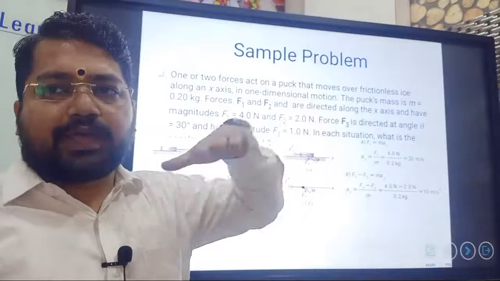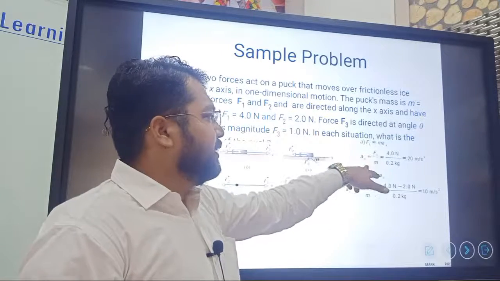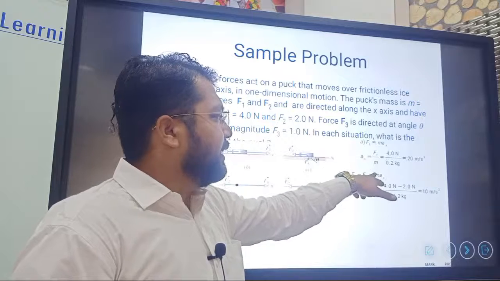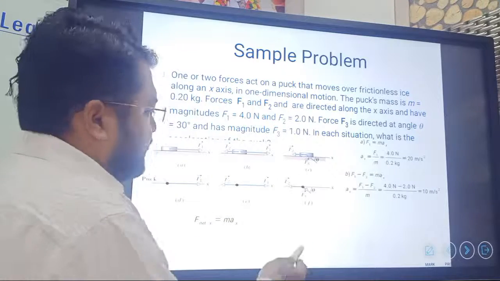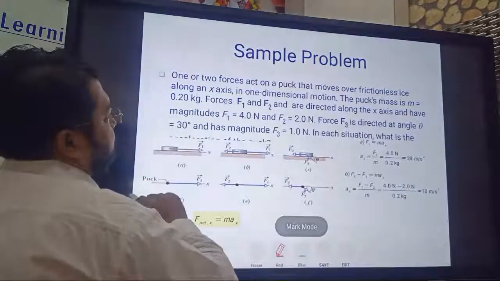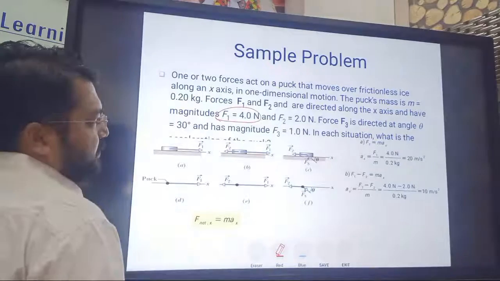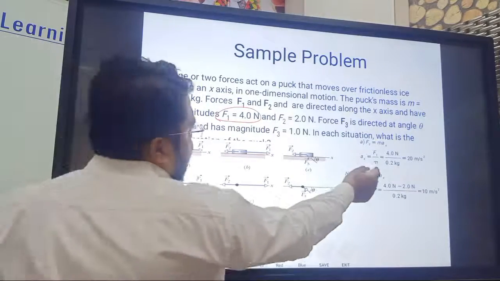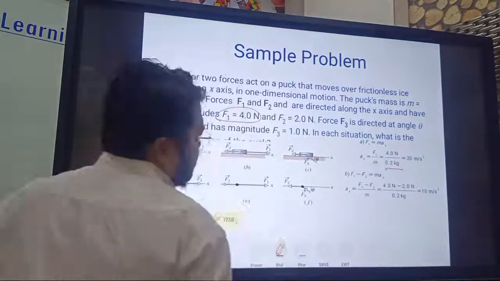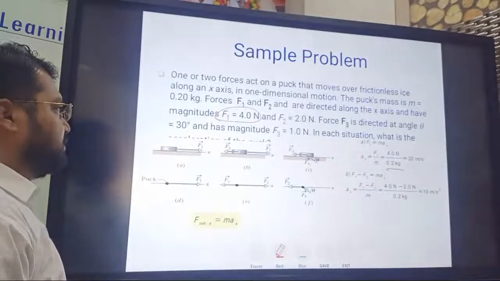We are not talking about vertical. So F1 is equal to ma, a is equal to F by m. So 4 Newton was given, divided by 0.2 kg, and the answer is 20 meter per second square.